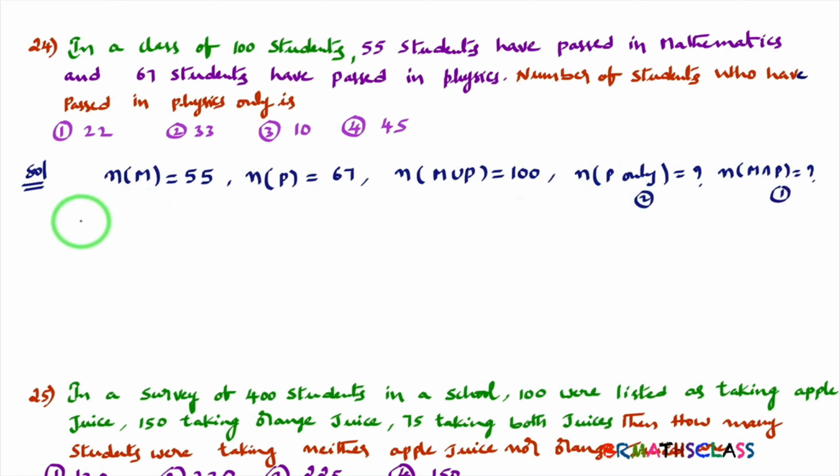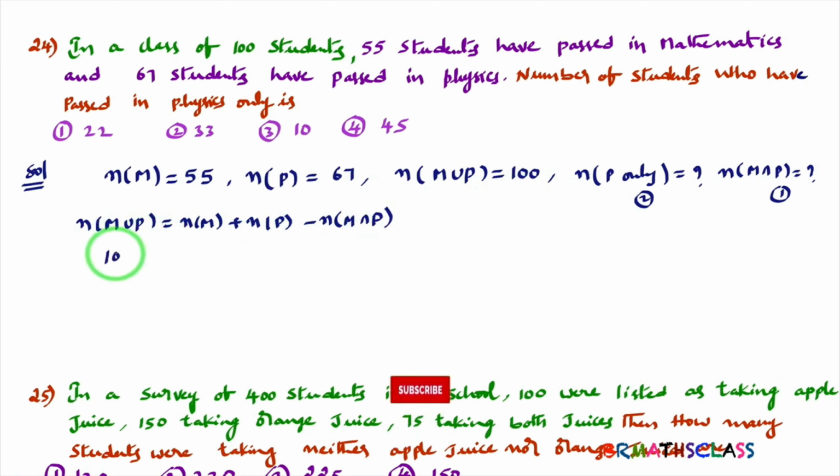Okay, so we know this formula. What is the formula for n of M union P? N of M plus n of P minus n of M intersection P. N of M union P is already given in the question, that is 100. N of M is given as 55. N of P is 67. I want to calculate n of M intersection P first.